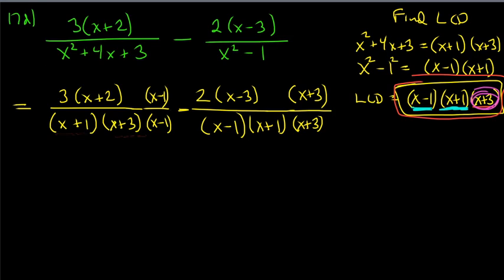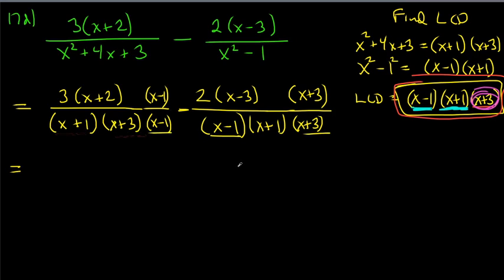Now the denominators are the same, right? These are identical. Oh, they don't look the same, because maybe they're just in the wrong order here. But remember, order doesn't matter. Or if it really bothers you, just rewrite it in the same order. You have the x minus 1, you have the x plus 3, and you have the x plus 1.